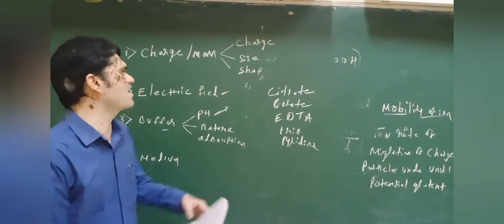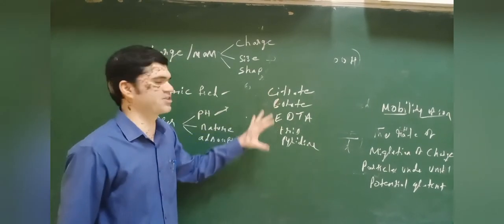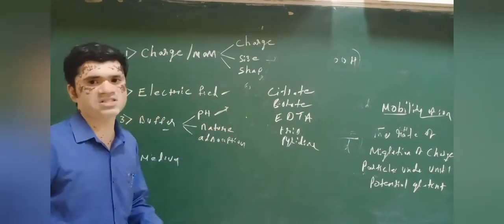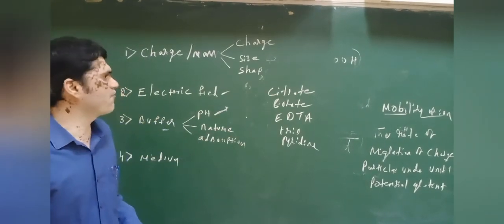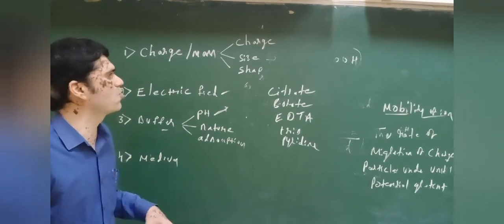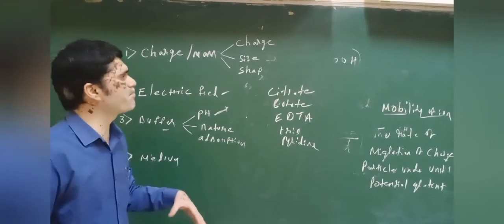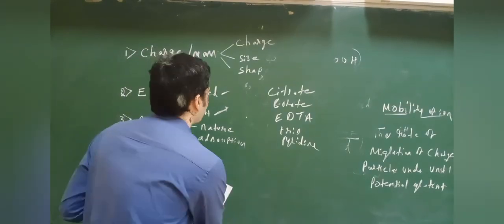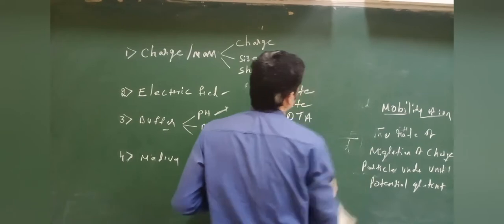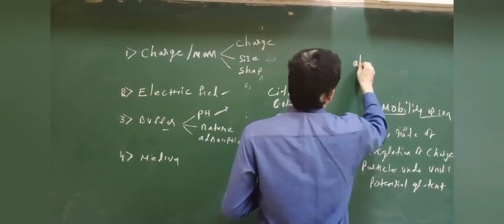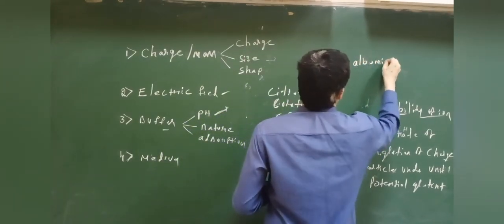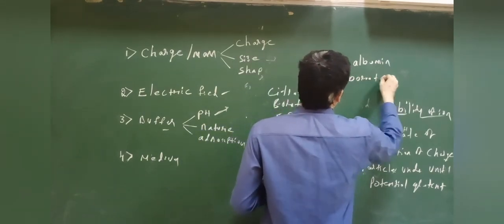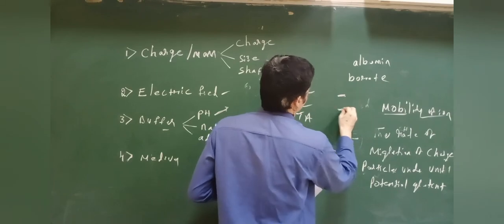Now here the main thing is the buffer should be inert. That means the buffer should not react with our sample molecule. If the buffer reacts with the sample molecule, then instead of one peak, we may get 2 peaks. Say for example, if we are analyzing albumin and use borate buffer, we get 2 peaks in electrophoresis.